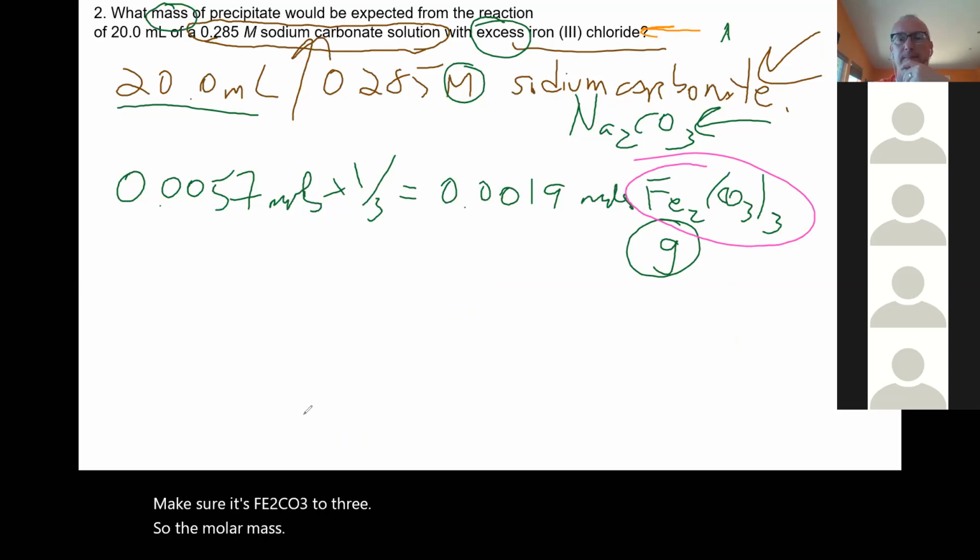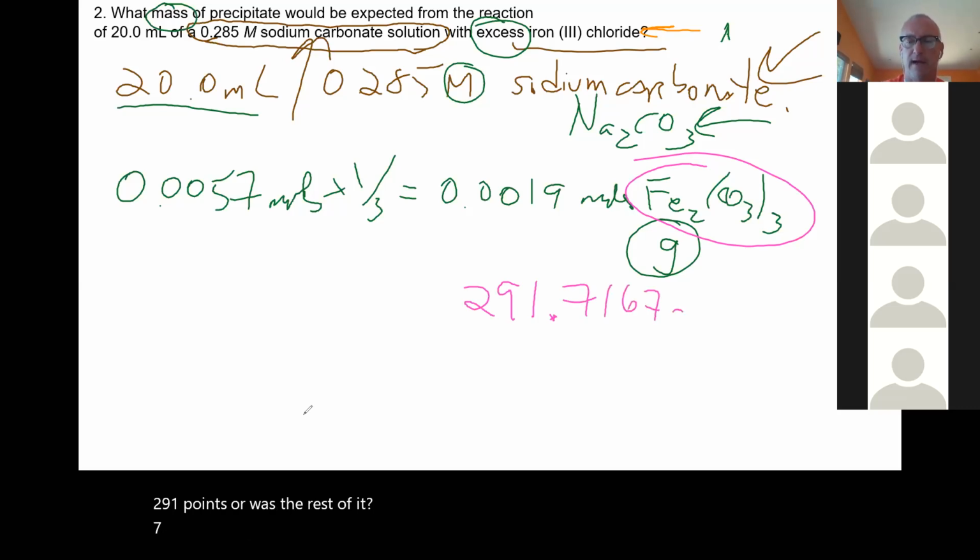It's going to be big, right? 291.7167 grams per mole.